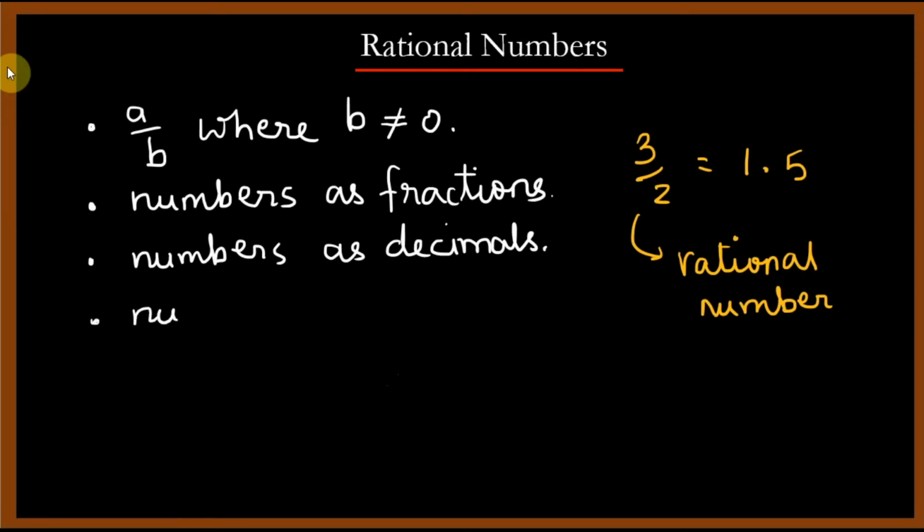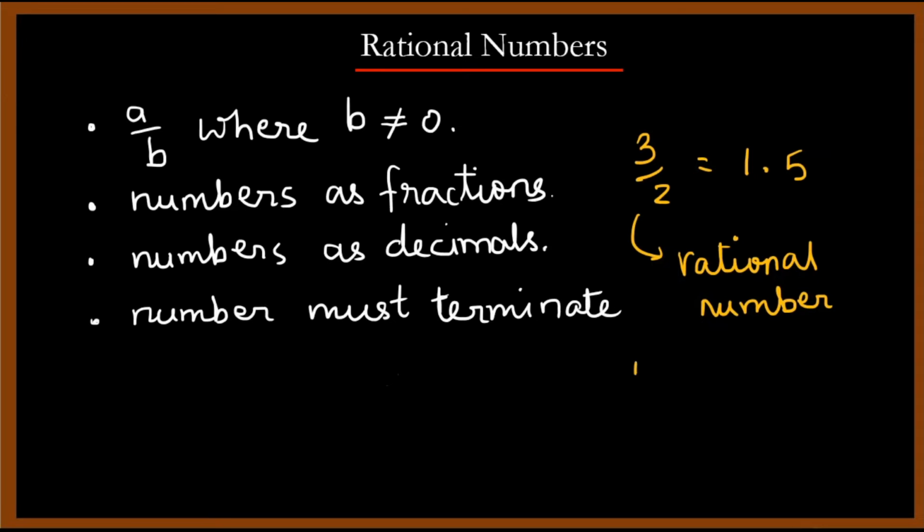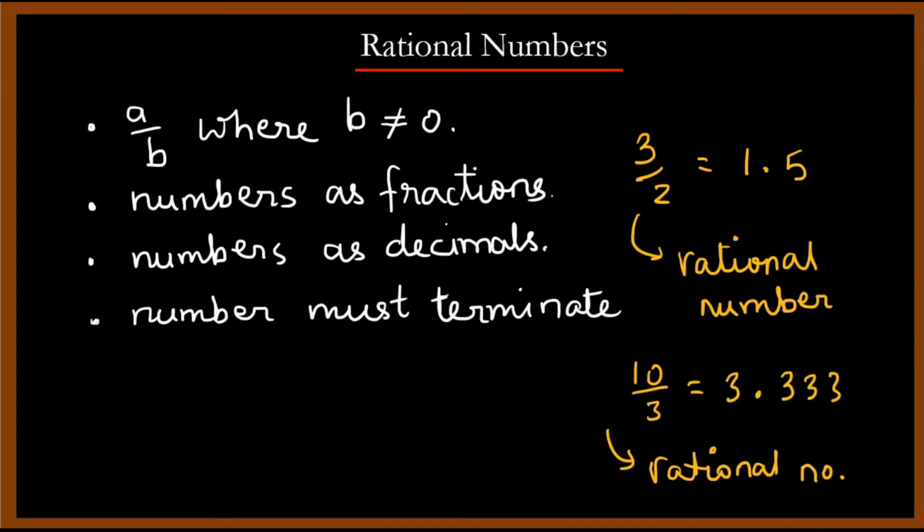If a rational number is written as a decimal, then its decimal part should be terminating, and the terminating part is very important. Suppose you divide 10 by 3, which is a rational number, equal to 3.3333, and 3 repeats itself.